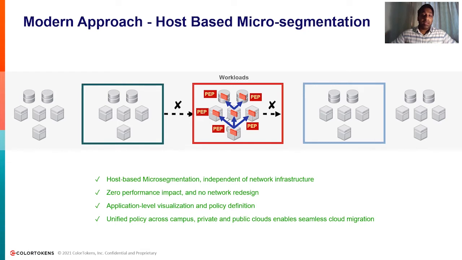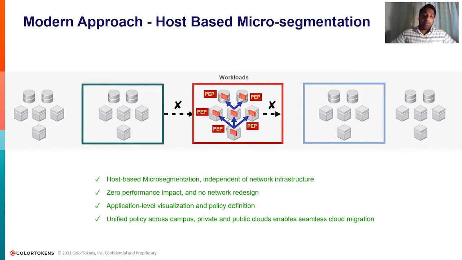We can provide an individual firewall to each of these hosts, and this zero trust segmentation does not impact performance, as most people have a myth about, and it does not involve any network redesign. So with this adoption, organizations could achieve many advantages in terms of security.